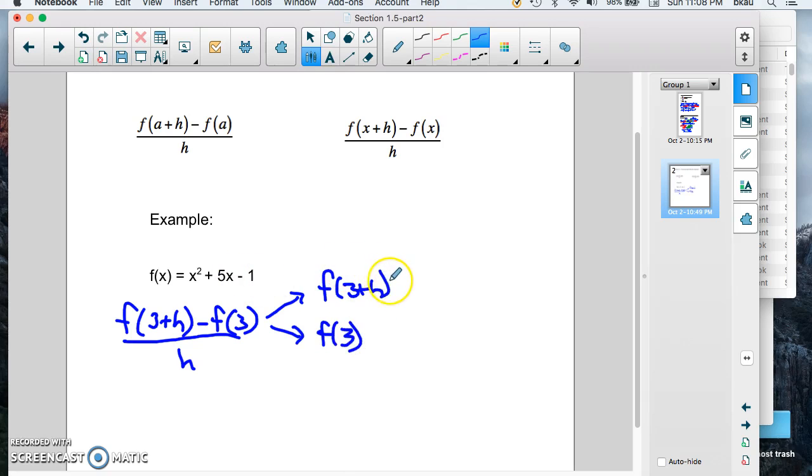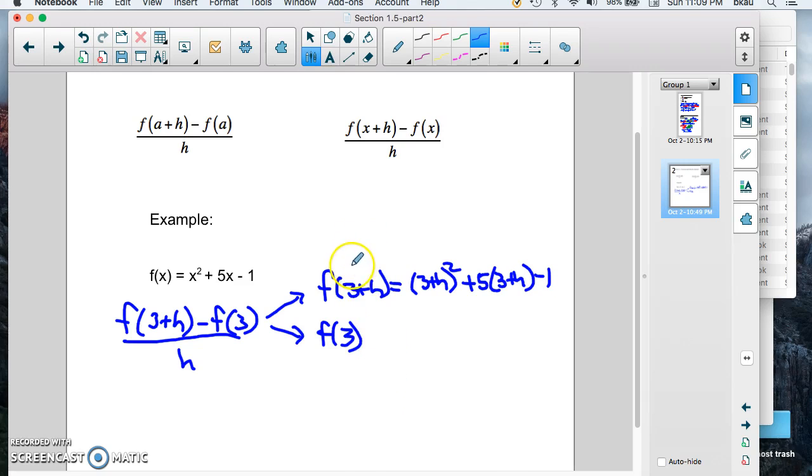In each of these we're going to plug the values in the parentheses into the function and evaluate or simplify. So in the first part here we're going to have 3 plus h squared plus 5 times 3 plus h minus 1.